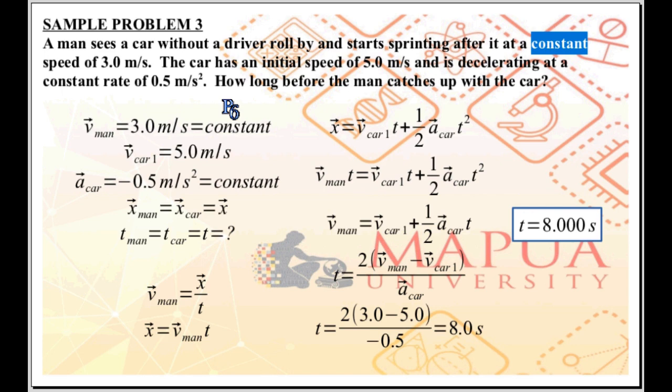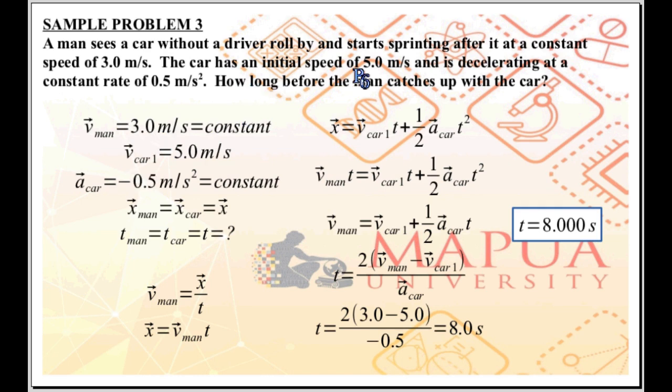So let's say that the man is moving in the positive x direction. The same goes for the car because the man is running after the car. So V man, the velocity of the man, is positive 3 meters per second and it is constant.